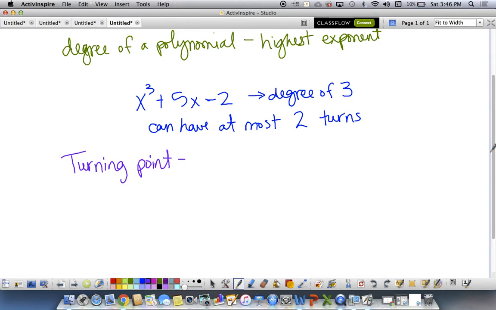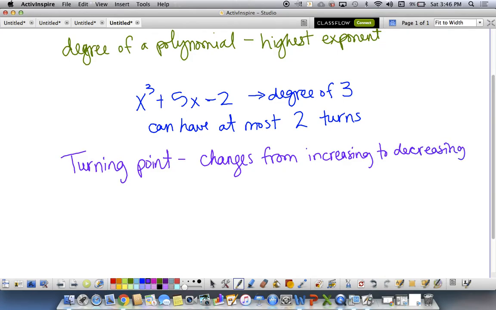The turning point is when, if we have an x squared, it changes from increasing to decreasing, that's a turn, or from decreasing to increasing. So that's a turning point.